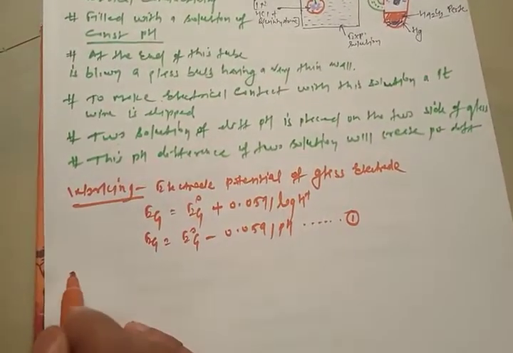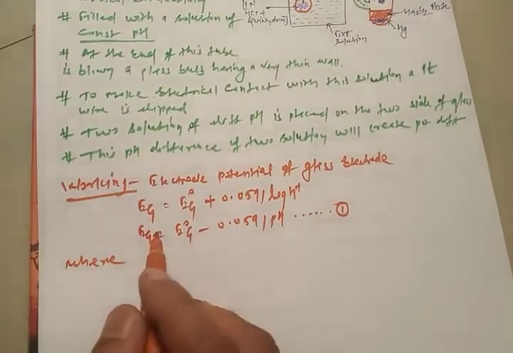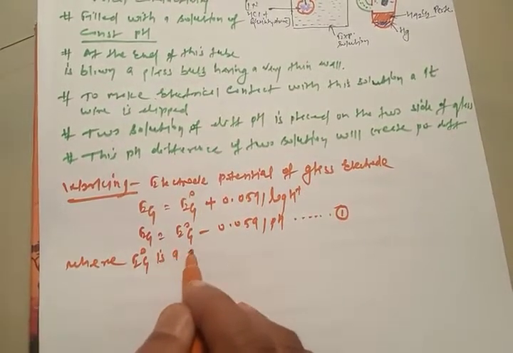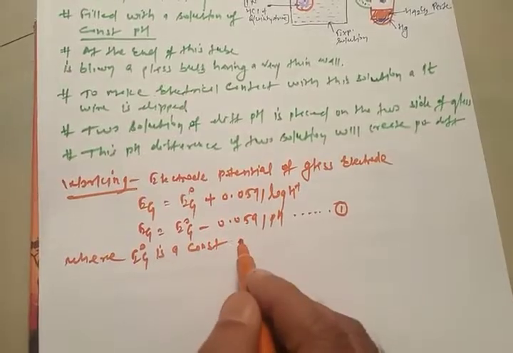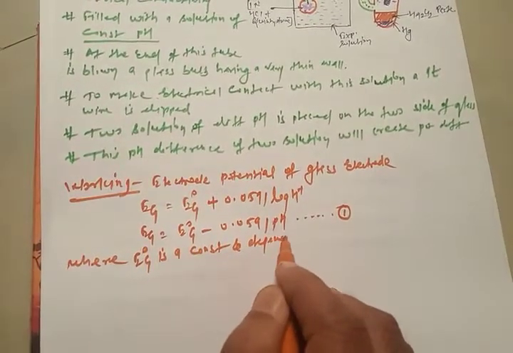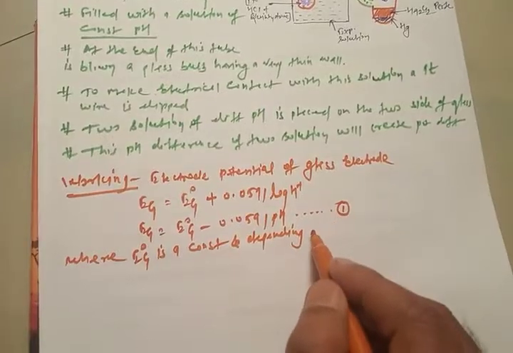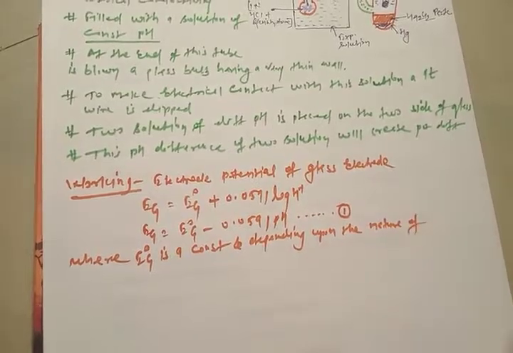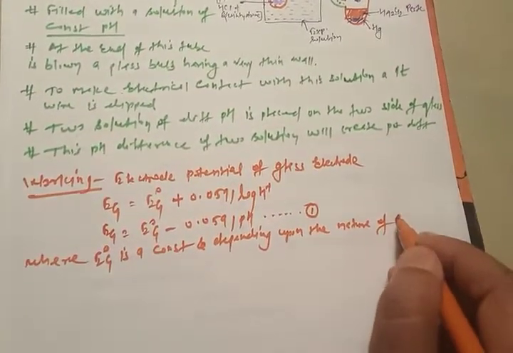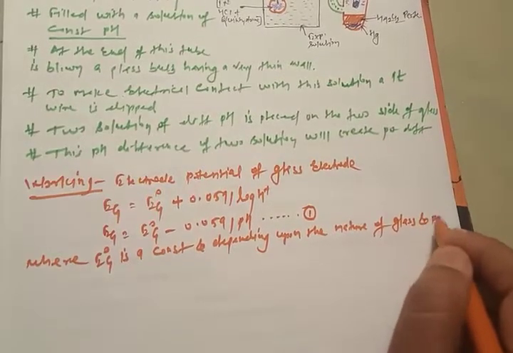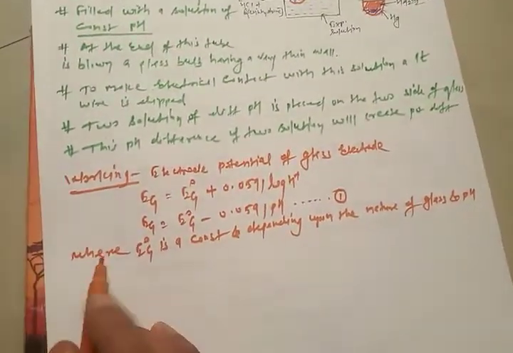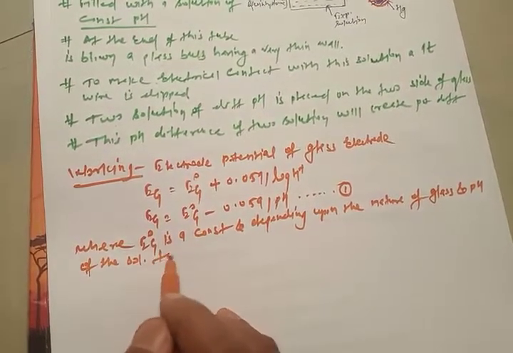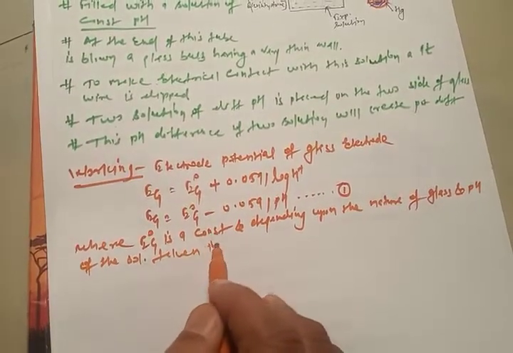So what we can write here: where E naught G is a constant, depending upon the nature of the glass and the pH of the solution, the pH of the solution taken in the glass tube.